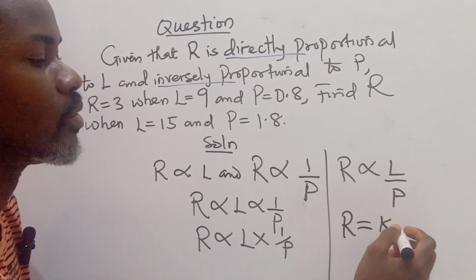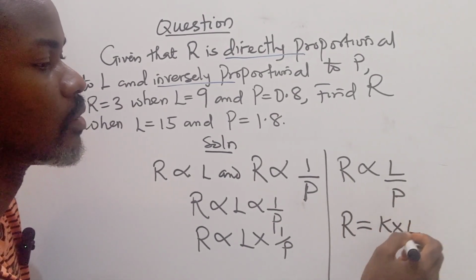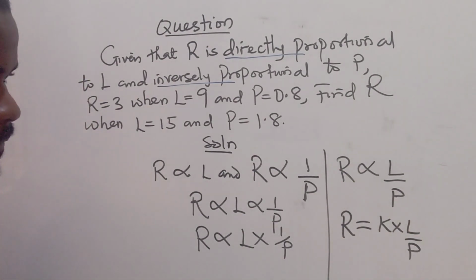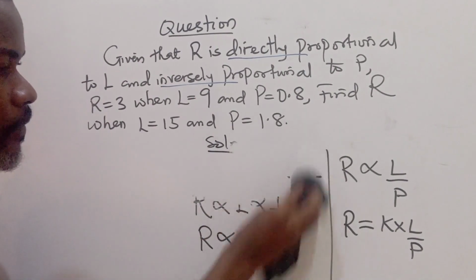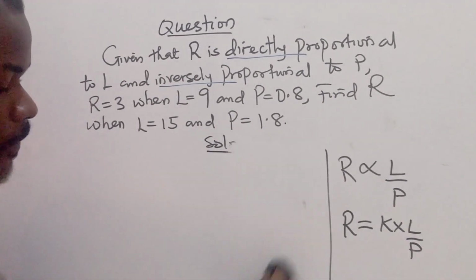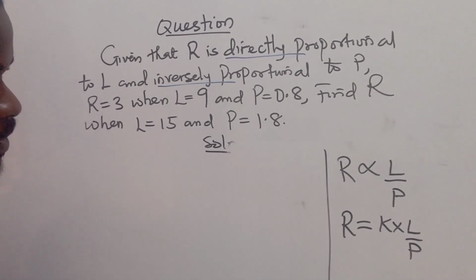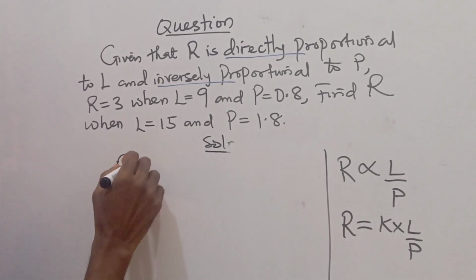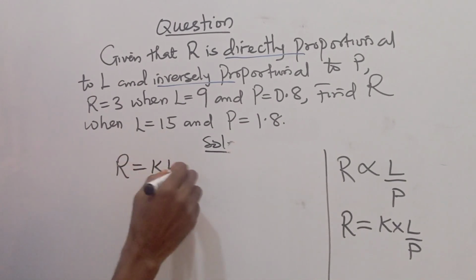So K will multiply L over P. That gives us the relationship or the law connecting R, L, and P. So we can simply write this as R is equal to KL over P.